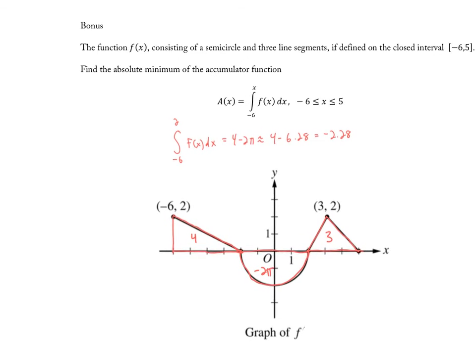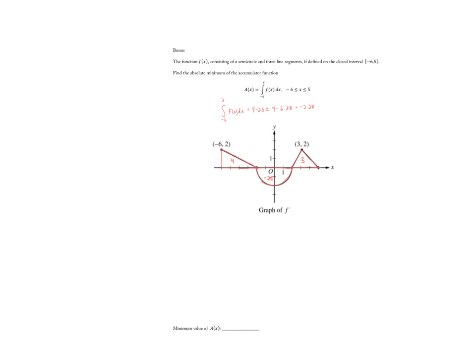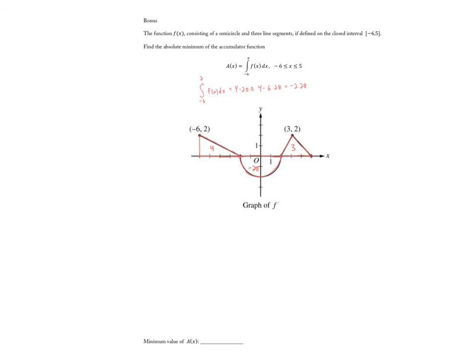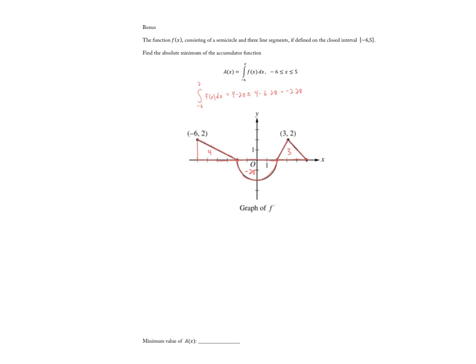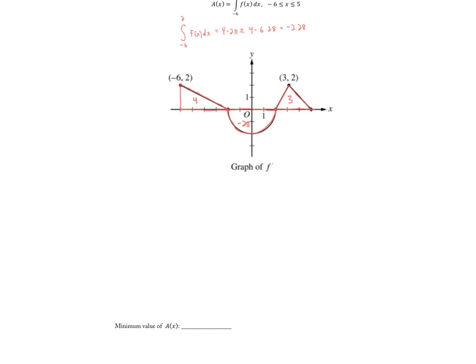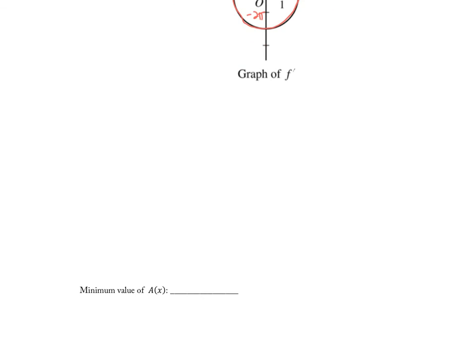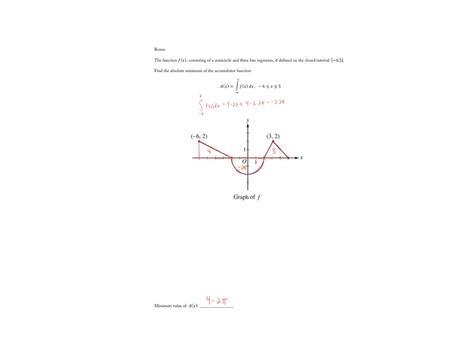So when x is 2, this accumulator function will be the smallest that it is on this interval. So it'll occur when x is 2, but the minimum value will be 4 minus 2 pi. And so that's the bonus.